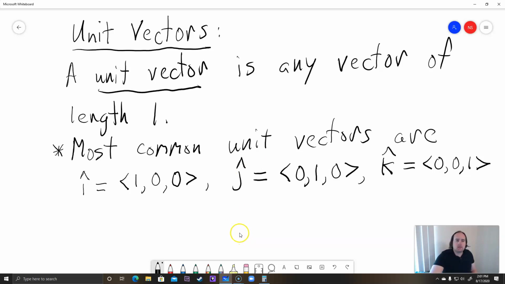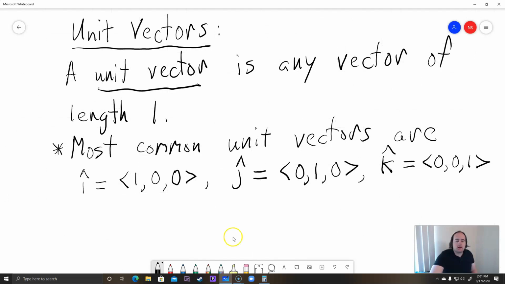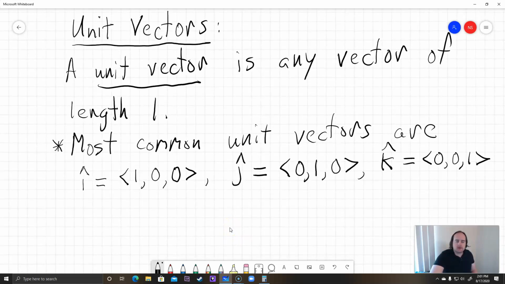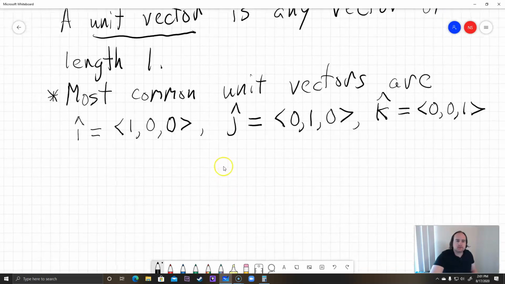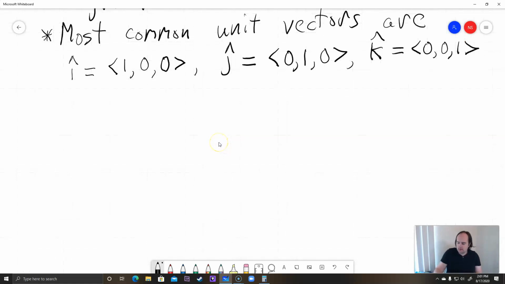Okay? But before we do any of that, I wanted to show you an example of a problem where we write it in terms of unit vectors. Okay, so this is an important bit of information before we start the problem.